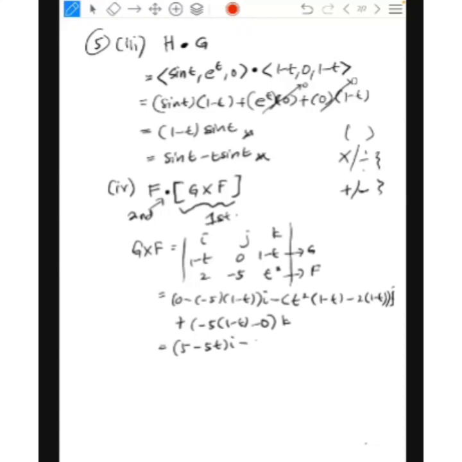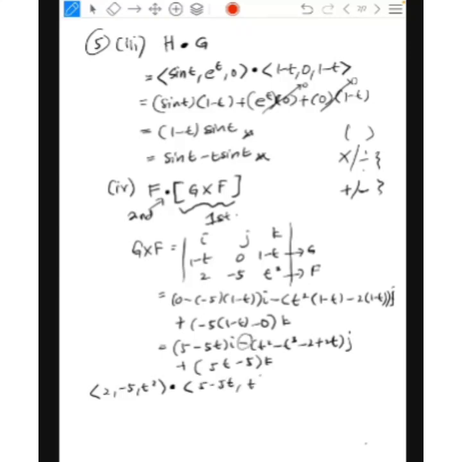The result is t squared minus t to the power of 3 minus 2 plus 2t j plus 5t minus 5 k. Okay, and then you do the dot product, which is f is what? F is 2 negative 5t squared cross with, okay, the answer here 5 minus 5t, there's a negative here.